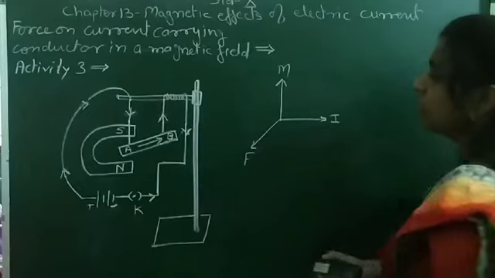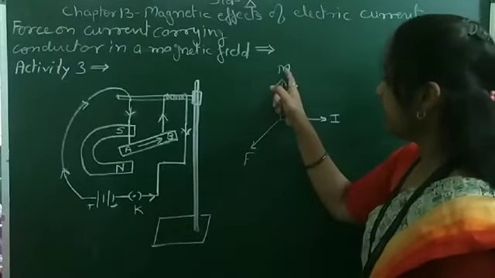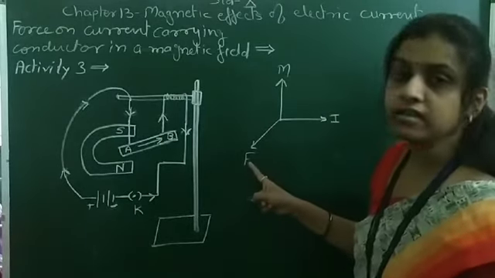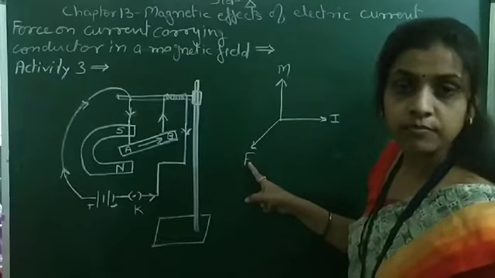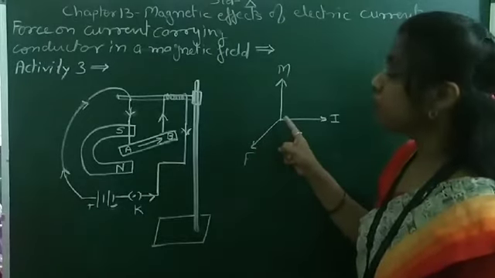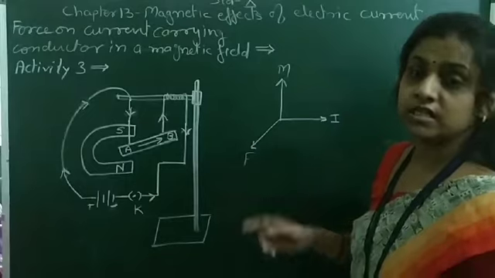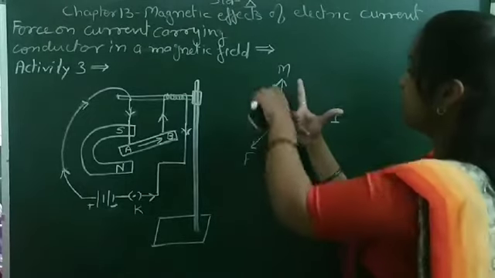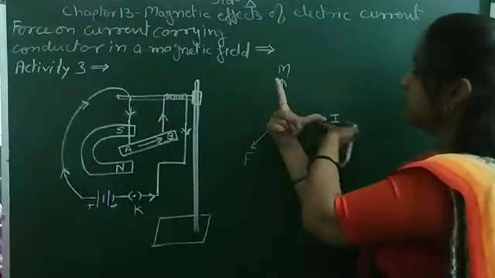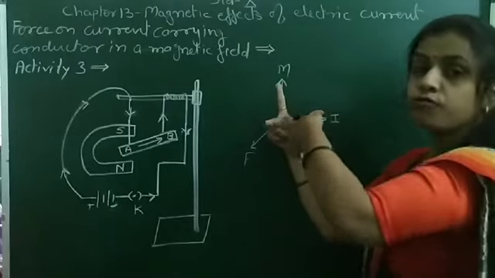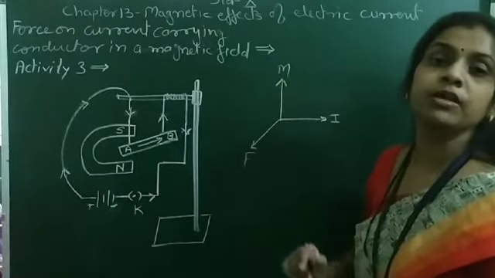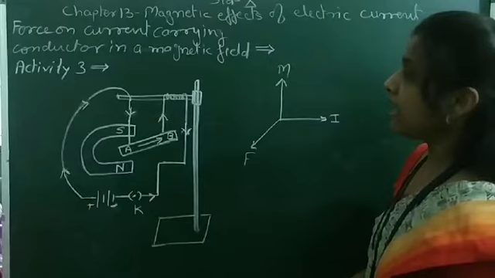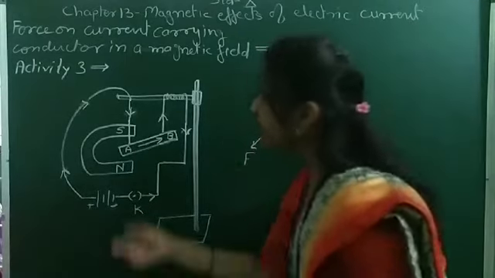So this is the direction of the magnetic field, this is the direction of the electric current, and this is the direction of force. Now in this case, the magnetic field, electric current and the force exerted on the conductor are all mutually perpendicular to each other, like this. So all these are perpendicular to each other, and therefore this activity shows that.